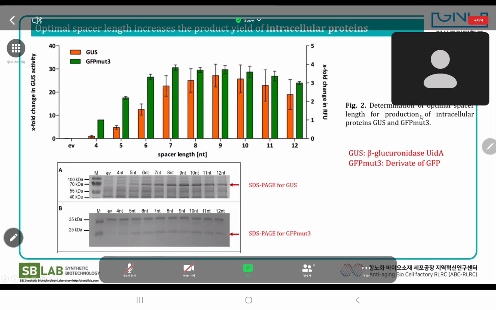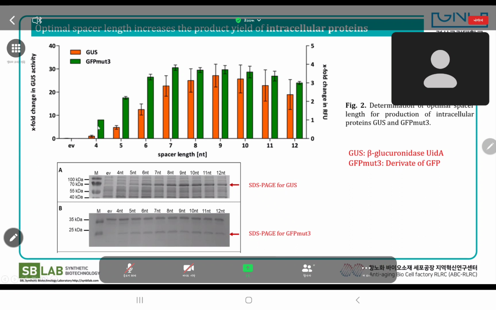So they evaluated the different spacer sequences for the production of reporter proteins, that is GUS, beta-glucuronidase, and GFP, which is actually a derivative of green fluorescent protein.